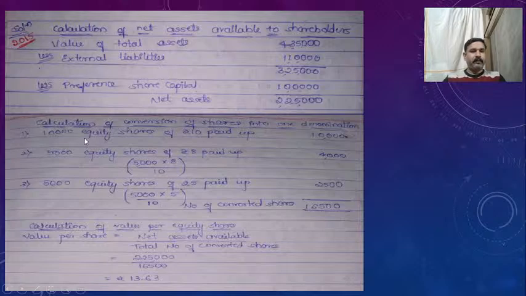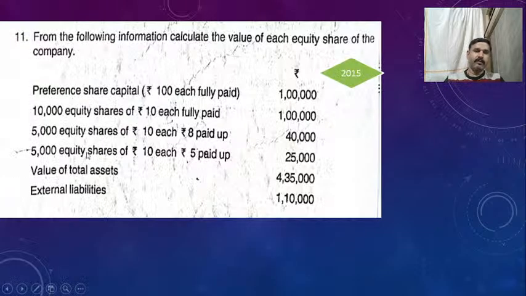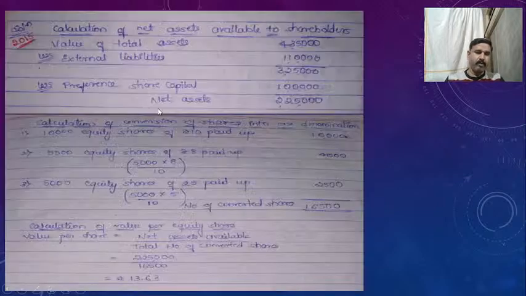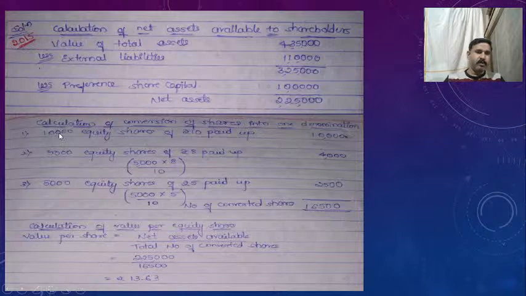Then the calculation of conversion of shares into one denomination. There are 3 types of equity shares that you have to convert to one denomination. We consider 10 rupees fully paid, and convert accordingly. 10,000 equity shares of 10 paid up, that is 10,000 shares. Then 5,000 shares of 8 paid up, 5,000 into 8 divided by 10, that is 4,000 shares.